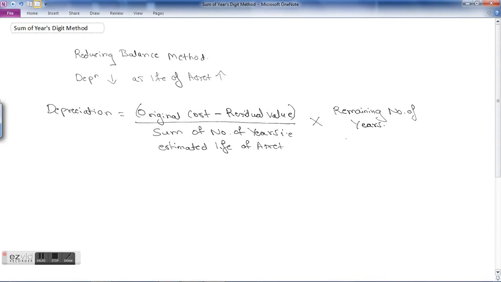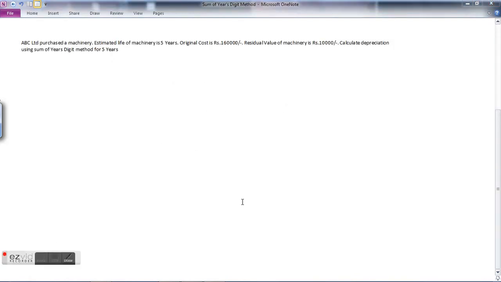Okay, so let's see one example of depreciation as per the sum of years digit method. ABC Limited purchased a machinery. The estimated life of the machinery is 5 years. Original cost is 1,60,000. Residual value of the machinery is 10,000. That 10,000 is at the end of 5 years. Calculate depreciation using the sum of years digit method for 5 years.